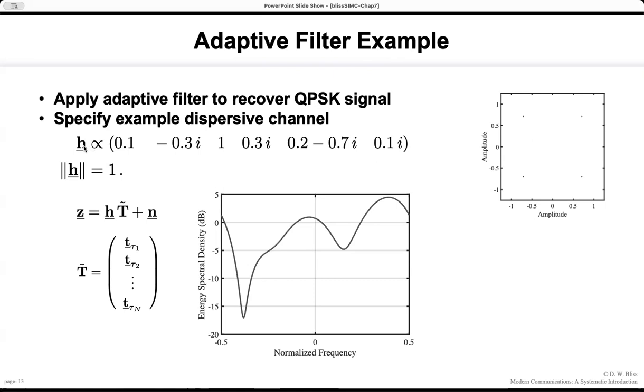Because our channel is represented by a bunch of delayed coefficients, we can take the Z transform of this and then use the trick of replacing Z with e to the i 2 pi f, and take the magnitude squared of that, and that will give us a spectral estimate.